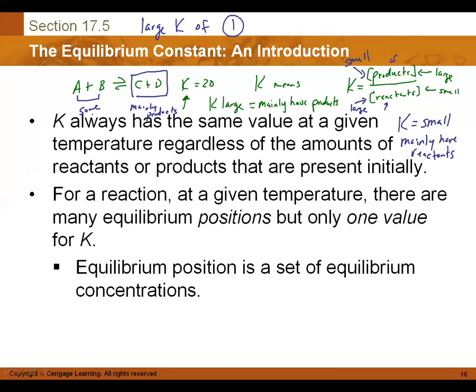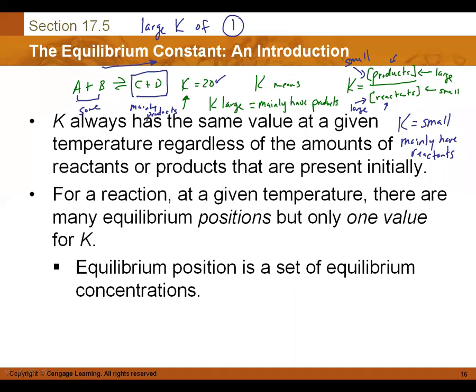So even though we could use the equilibrium constant to tell us that we should mainly have products at equilibrium, or mainly reactants at equilibrium, we still will have both at equilibrium in most cases. You could potentially have something with a super large value of K, which would mean you have almost 100% on the product side.